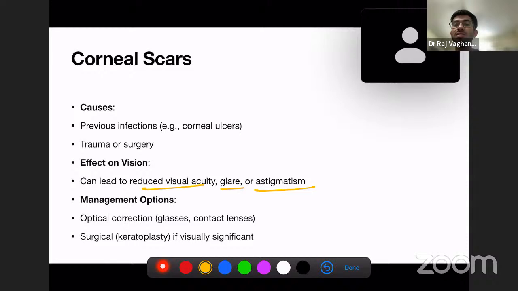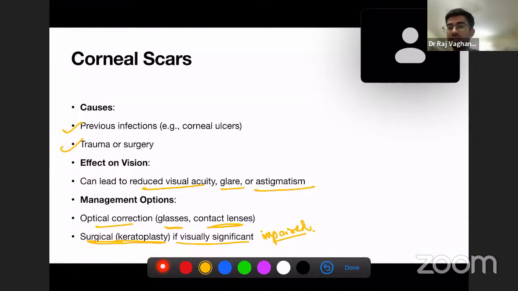And how do you manage this? These can be managed by optical correction like glasses or contact lenses, or you can surgically do keratoplasty if visually significantly impaired. So the causes include previous infections, trauma, or surgery. Effects on the vision: it can lead to reduced visual acuity, glare, or astigmatism.